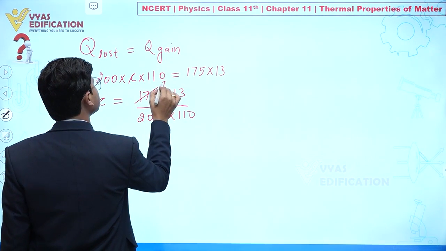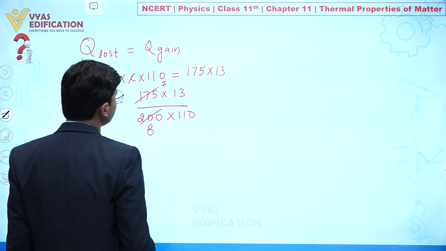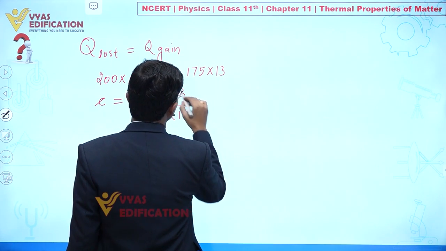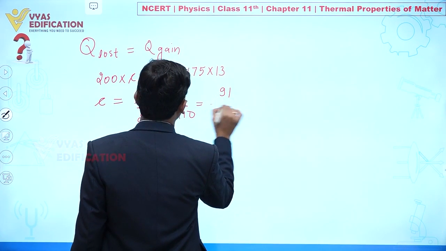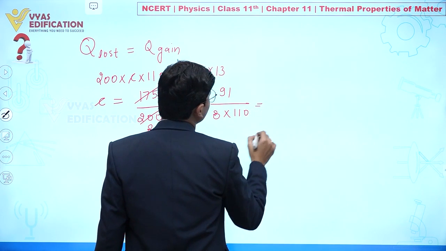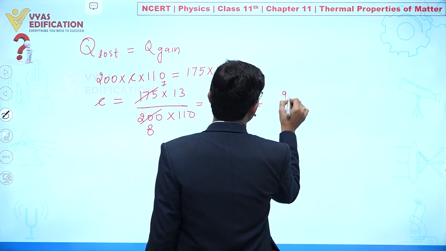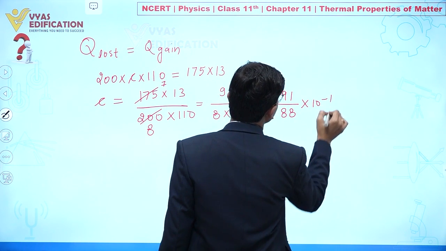From here we can say this is 7 and this is what? 8, if you cancel by 25. Clear? So from here you can say 7 multiply 13. So this is equal to 91 divided by, we can say 8 into 110. Clear? From here you can say 91 divided by 88 into 10 to the power minus 1. Clear?